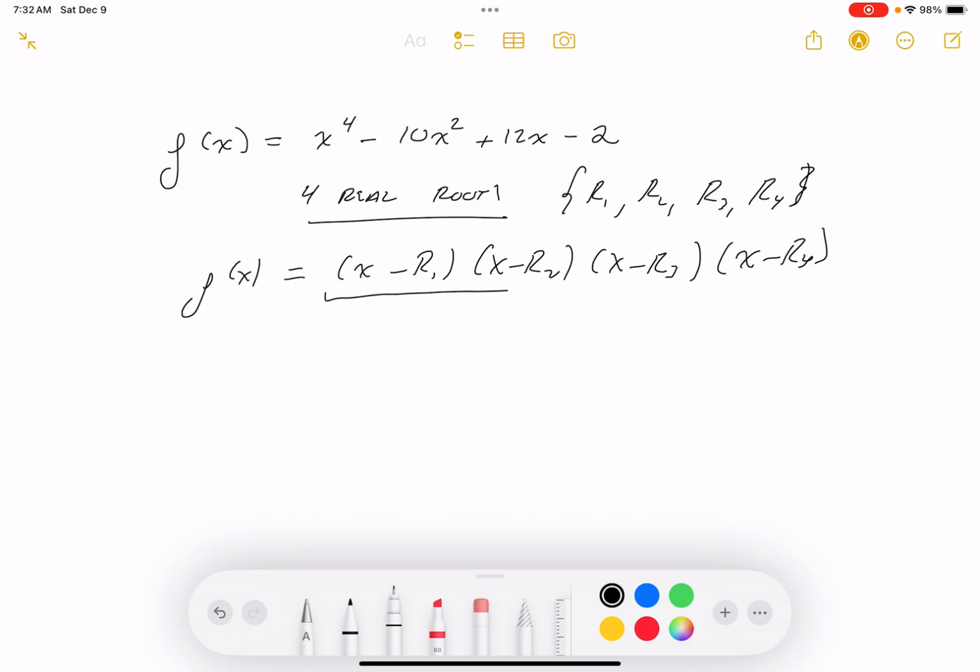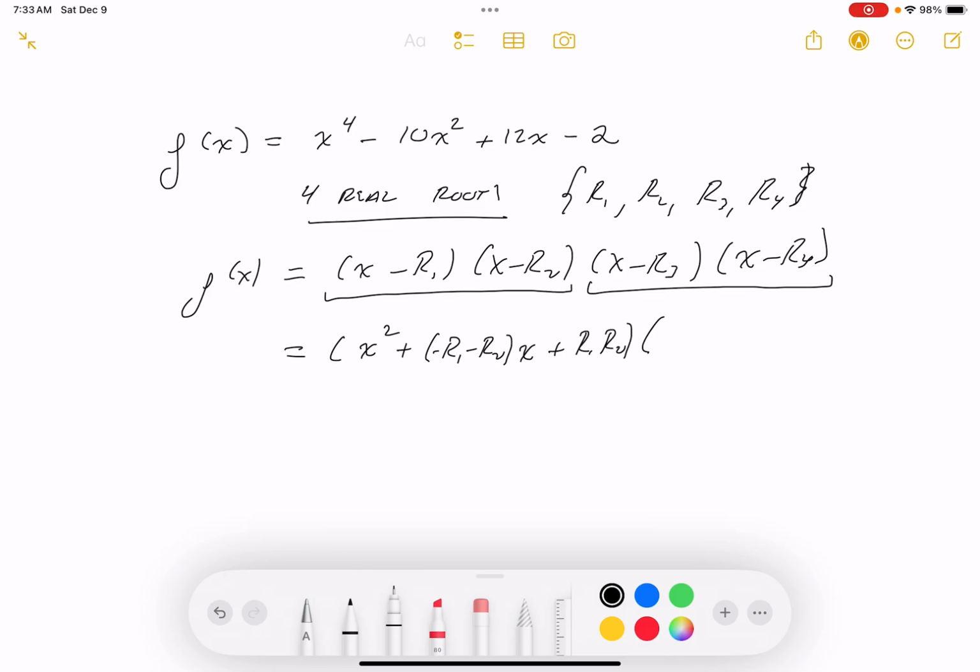Well, one thing I notice over here is I could multiply these two out, and let's see what that gives us. That would give us x squared. Then if you looked at that, what are you going to get? Let's take a look at that. That's going to be minus r1, minus r2, x, and then it's going to be plus r1 r2.